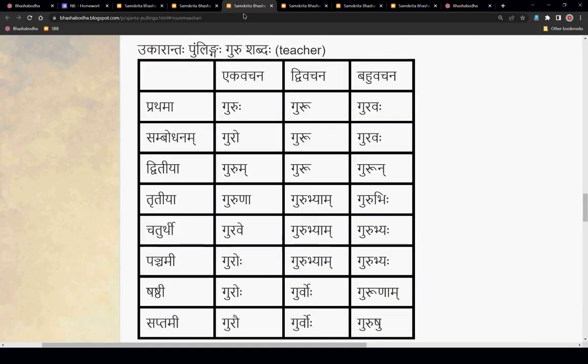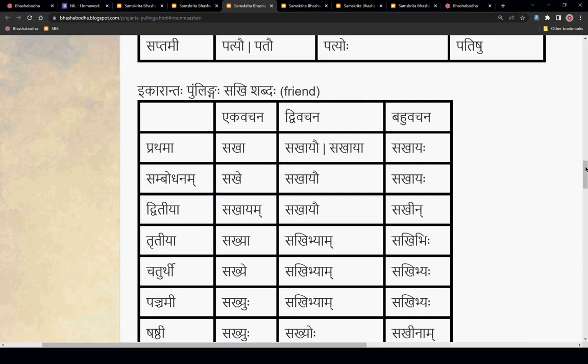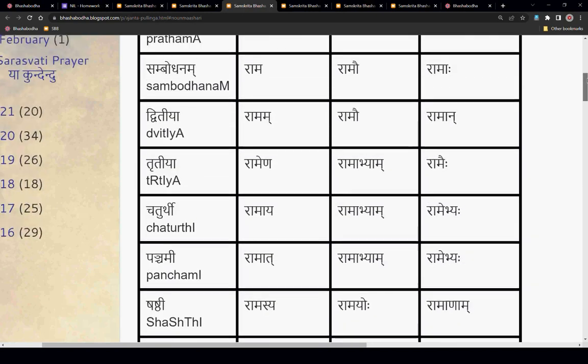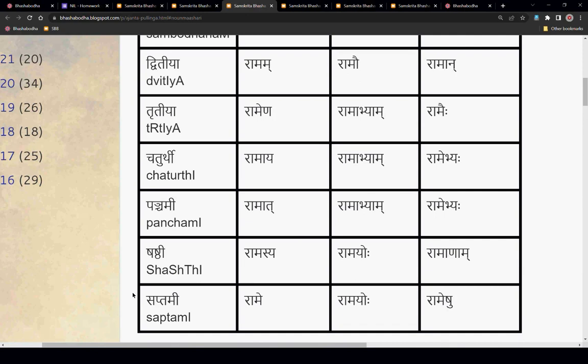So use the Shashti Bhakti form, which is here. If you look at Rama shabda, Shashti is Ramasya. Shashti Bhakti is used to indicate a relationship between two nouns. What is that relationship? Belonging.